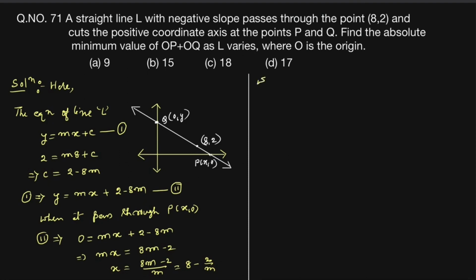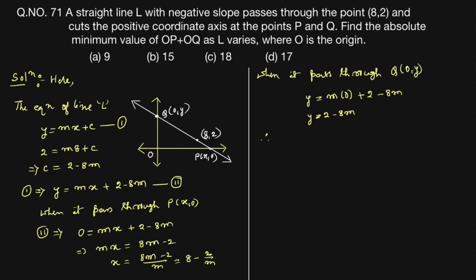And when it's passed through Q, that is (0, y), then we are able to write y is y. In the place of m we will put 0 plus 2 minus 8m, that is y equals 2 minus 8m.